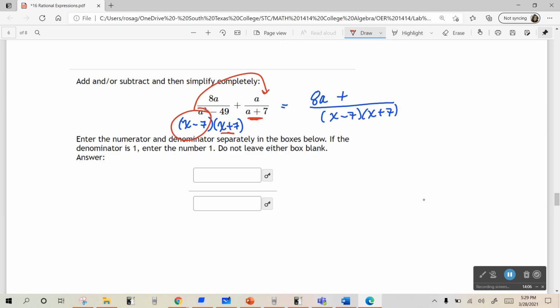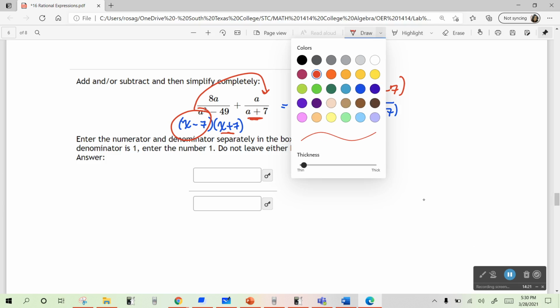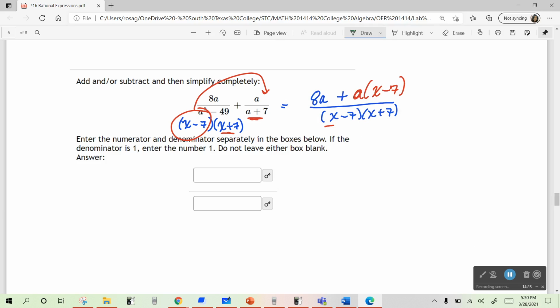So I'm going to multiply it here. So you're going to have a times x minus 7. So that they both, we're trying to get both fractions to have the same denominator. And then now I'm just going to simplify the top because the bottom is already my denominator.